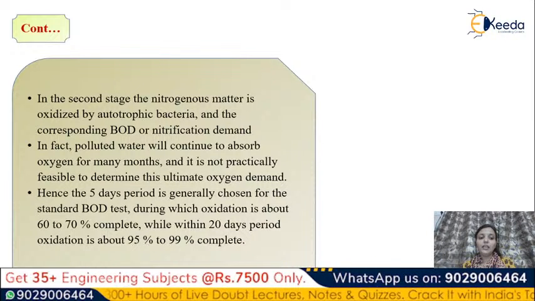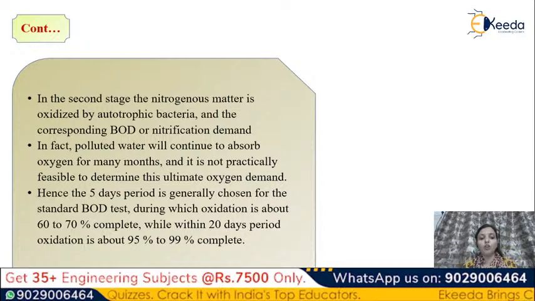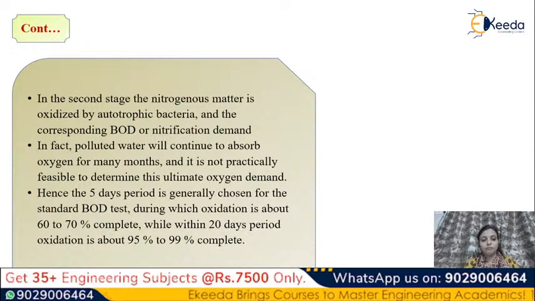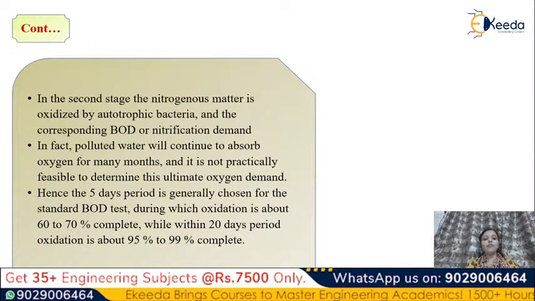After 5 days, the dissolved oxygen has largely disappeared, because it is consumed by microbial activities for the decomposition of organic matter. So the difference between the initial DO and final DO is your BOD value for 5 days, and is about 60 to 70% complete, while within a 20 day period the oxidation is about 95 to 99% complete.